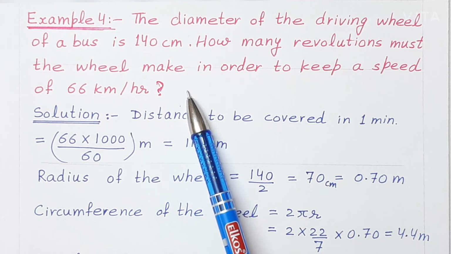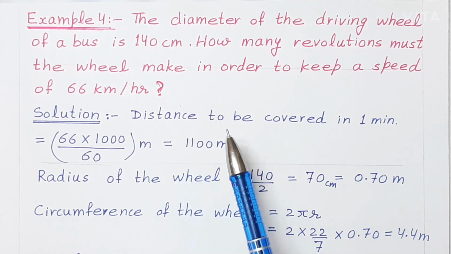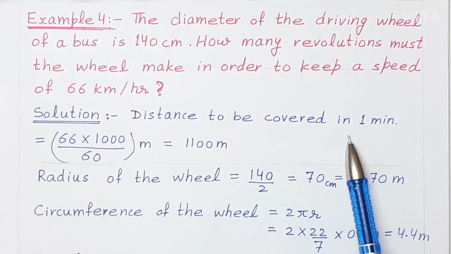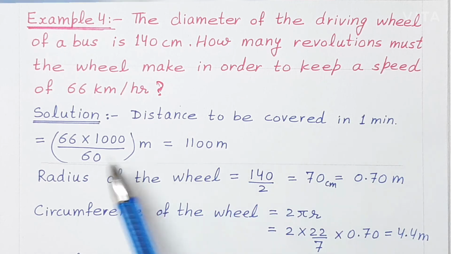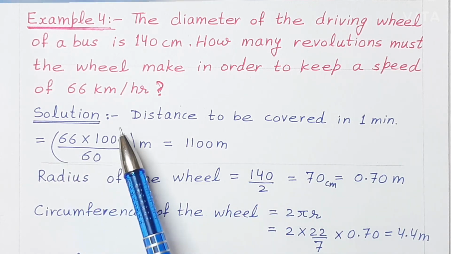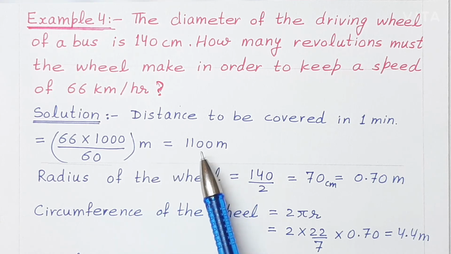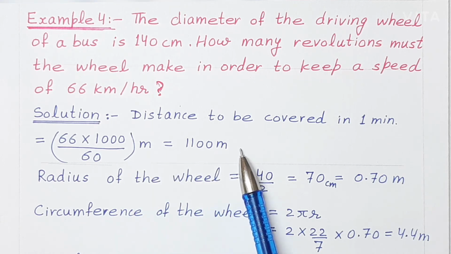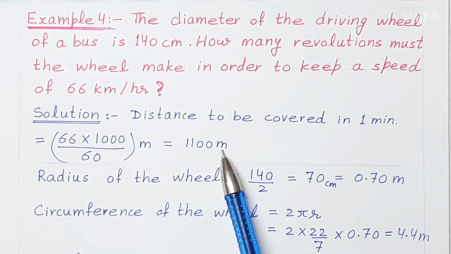Clear? So, the distance to be covered in 1 minute will be equal to 66 into 1000 upon 60. That is 1100 meter. Clear? So we have converted into meter.